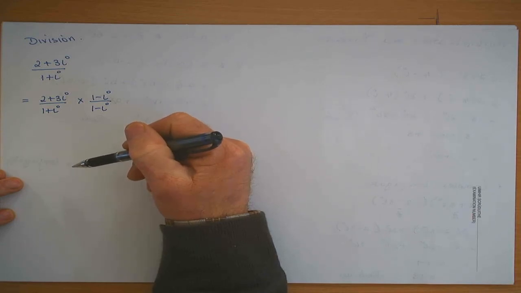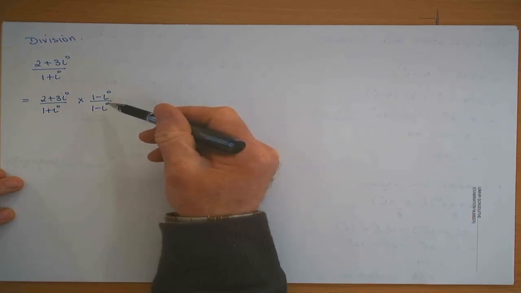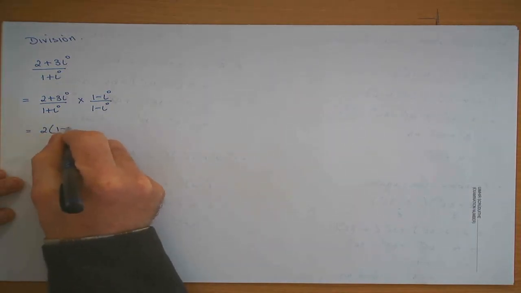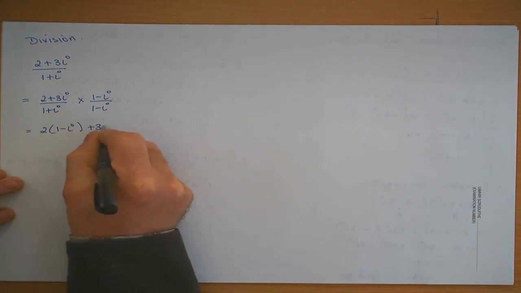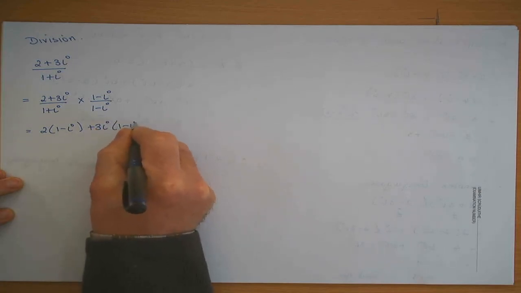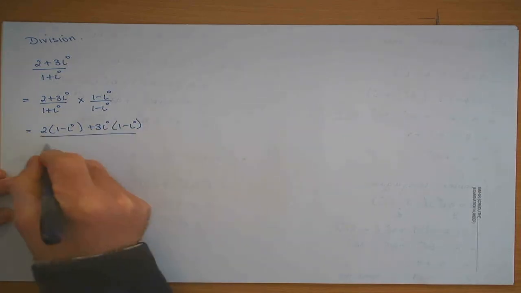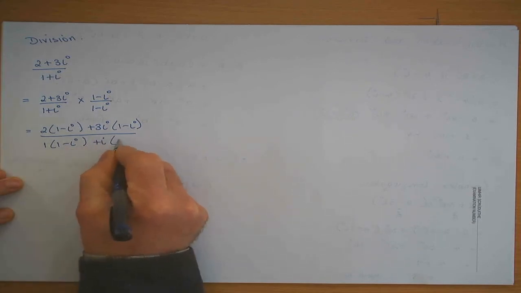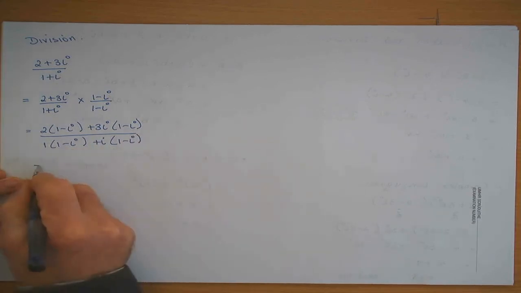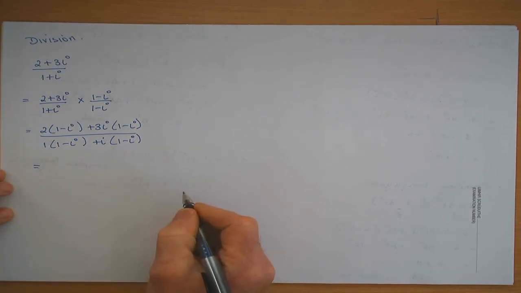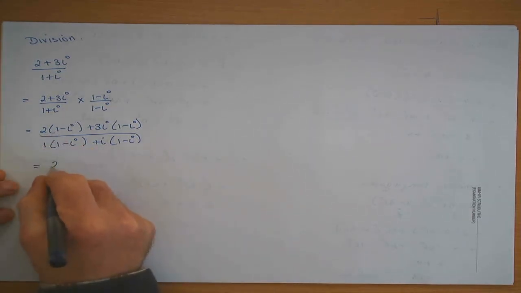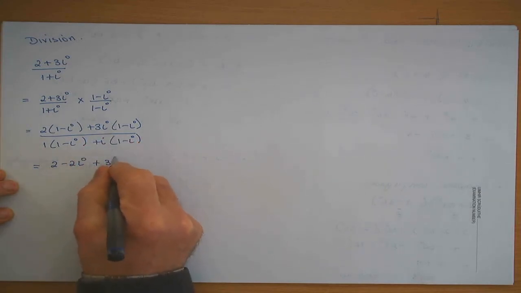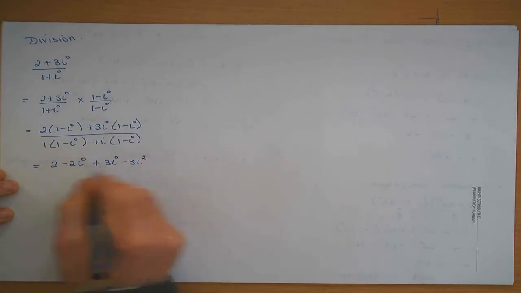It's an unchanged fraction. But now when I multiply out the top line, I have 2 times 1 minus iota and 3 iota times 1 minus iota. All over the bottom, 1 times 1 minus iota and iota times 1 minus iota. I know the bottom is going to give me 2 anyhow, but just to show you the answer. 2 times that, 2 minus 2 iota, and 3 iota times that, 3 iota minus 3 iota squared.